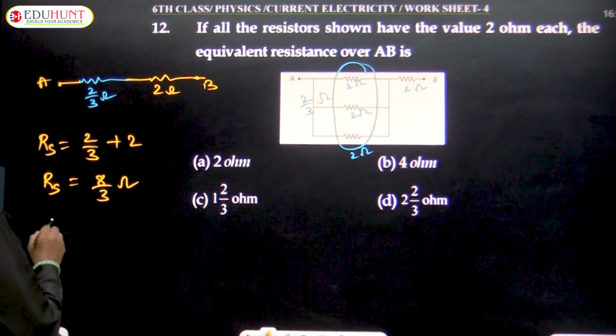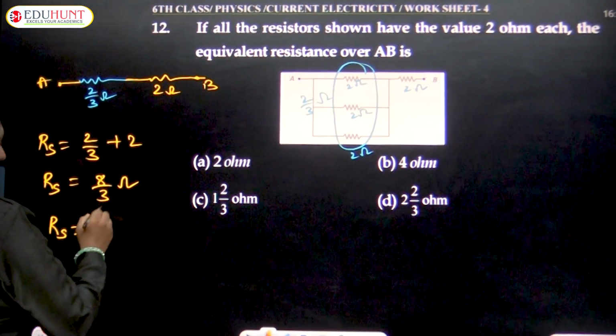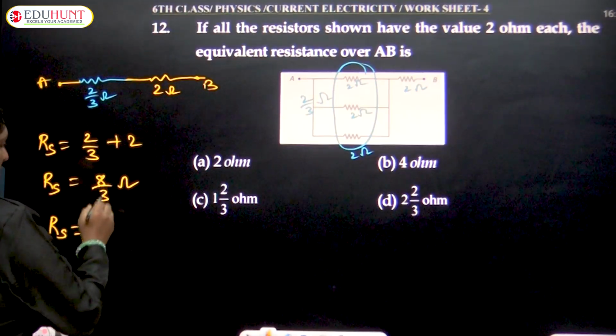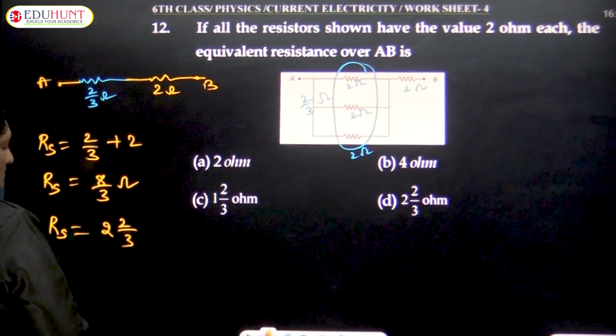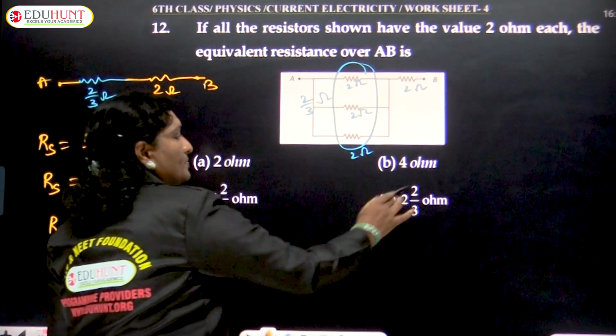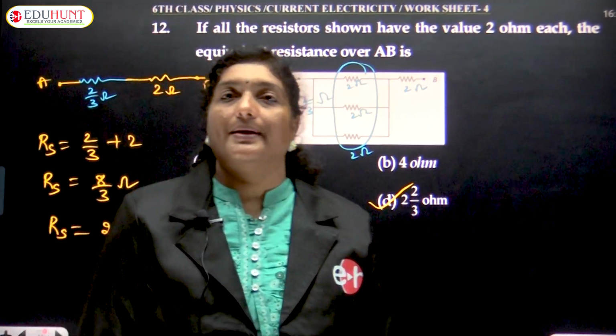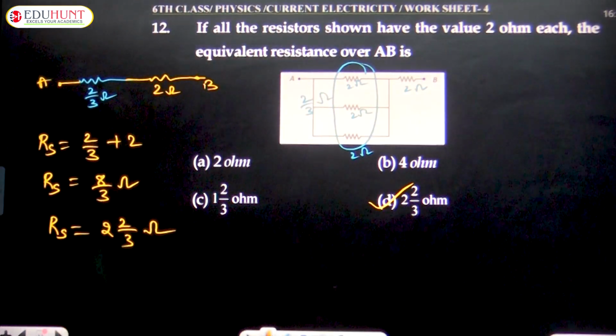So after solving this we have Rs equals, writing in mixed fraction, 3 goes 2 times and the remainder is 2, so 2 2 by 3 ohm. Hence the correct option must be option D, that is 2 2 by 3 ohm.